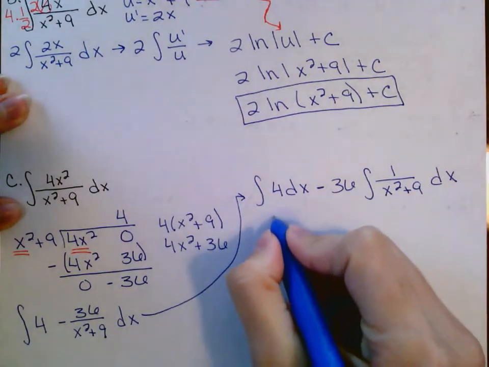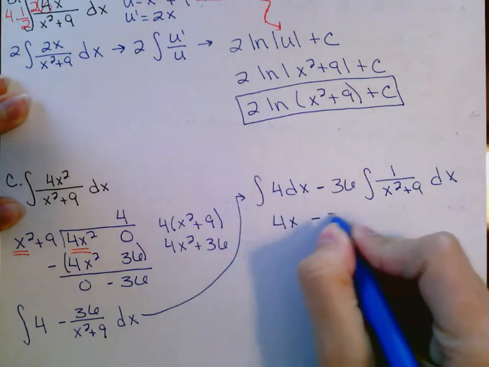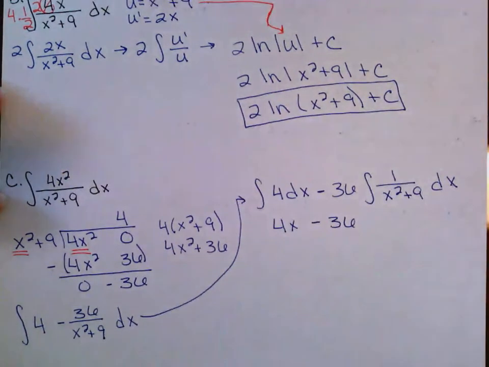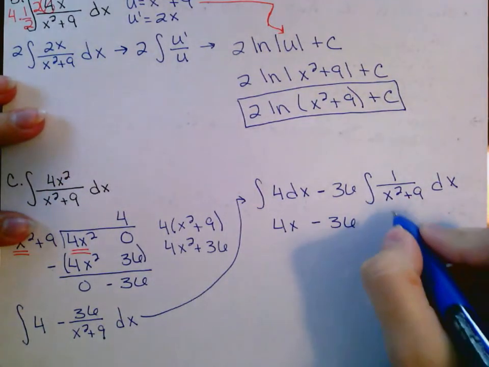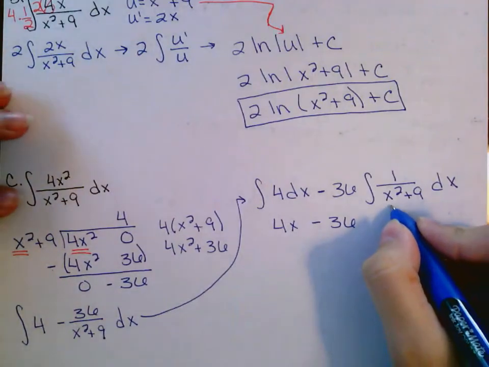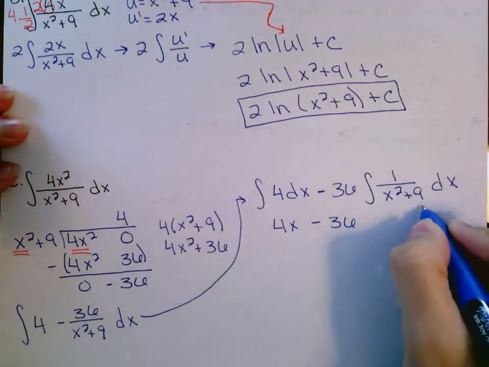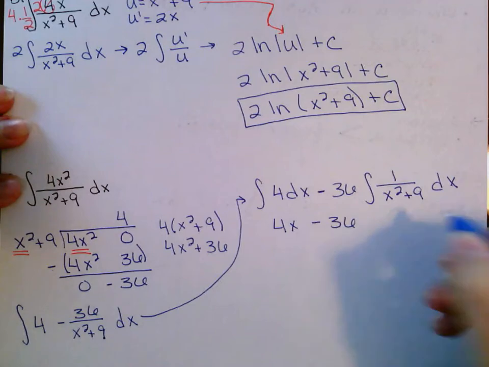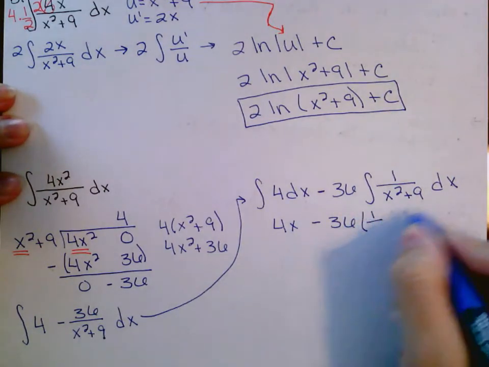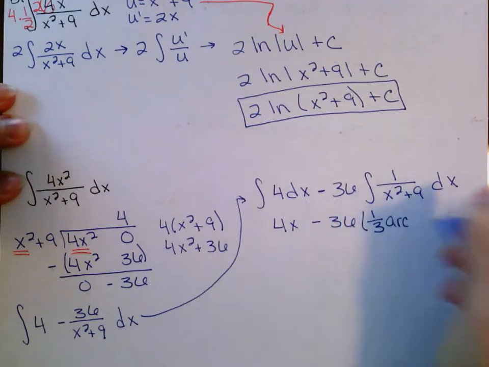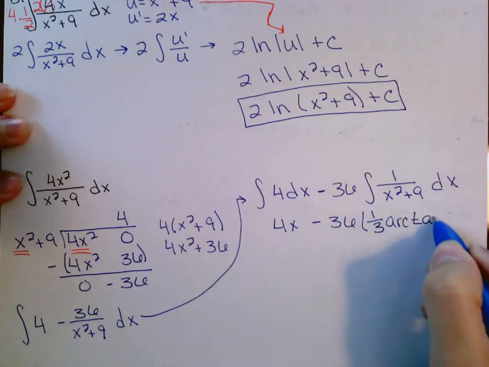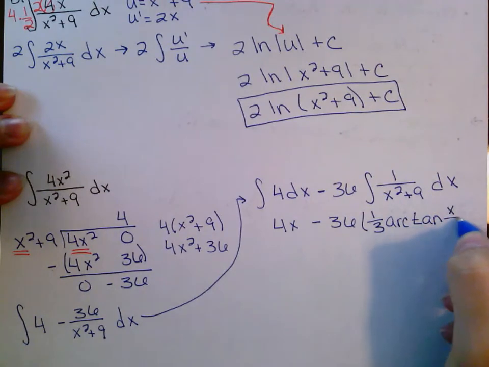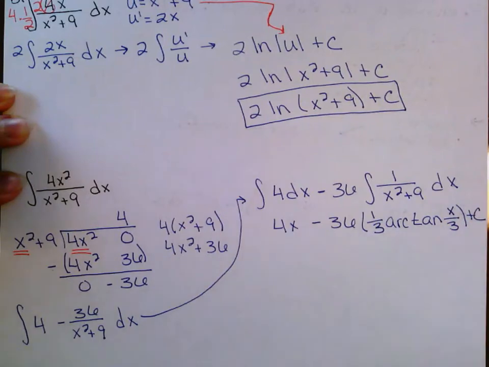Antiderivative of 4 is going to be 4x minus 36. And now the arctan rule, which is going to give us 1 over, we know that according to our first question, our u is x and our a is going to be 3. So I'm going to have 1 over a, which is going to be 3, arctan of u over a, which is going to be x over 3, and then plus c.